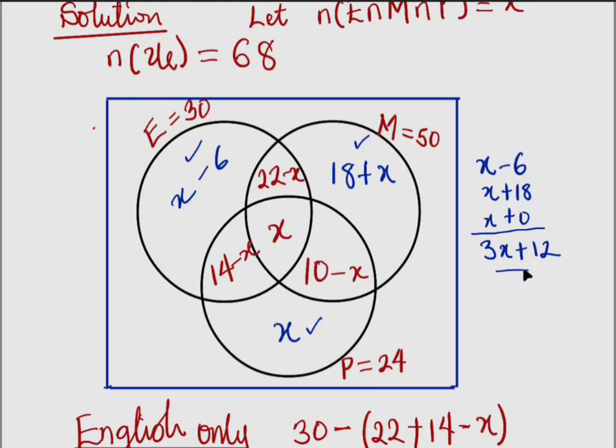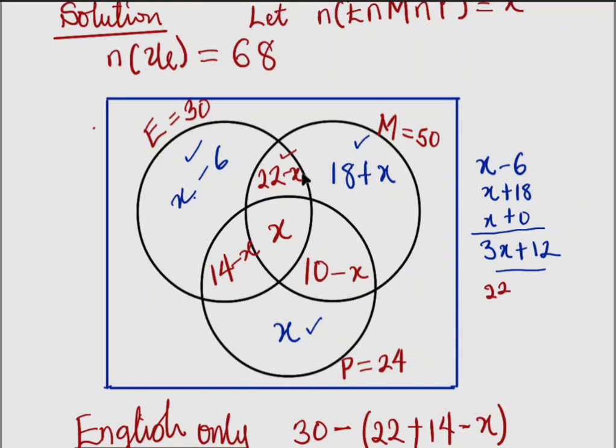So this alone is for English alone, math alone, and physics alone. It's as if we are adding them together. Of course, we are adding them together just like that, and follow with this. So let's do it here. We have x, 22 minus x plus x, that will give us ordinary 22.